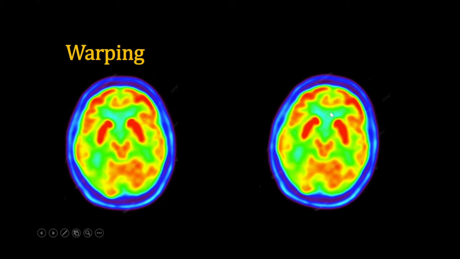And so in order to check whether this scan is normal or not, by referencing to this image, you first need to match these images. In fact, you first need to make sure that you can even match these two images. And you don't typically know how to do that, and warping is how you do that.